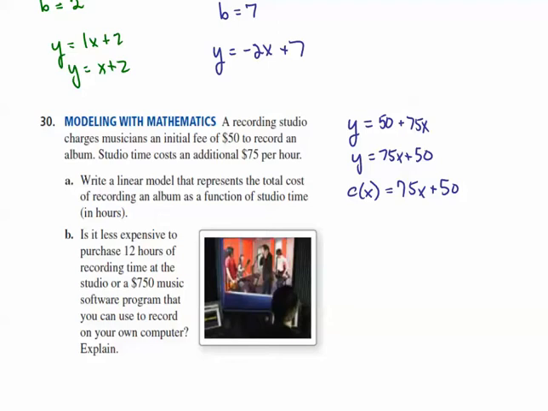Part B, is it less expensive to purchase 12 hours of recording time at the studio or a $750 music software program that you can use to record on your own computer?